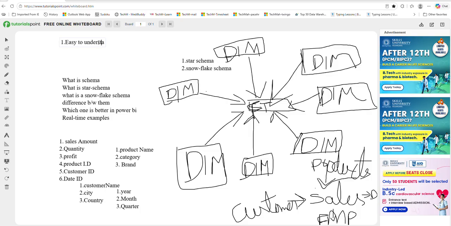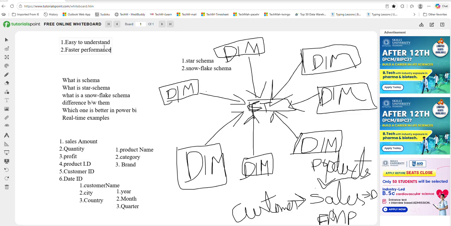Easy to understand. And it is also faster performance. Easy to understand means the structure is simple and beginner friendly. That is why it is easy to understand.